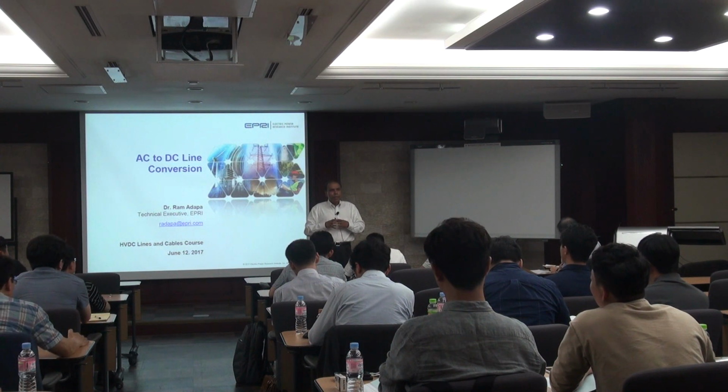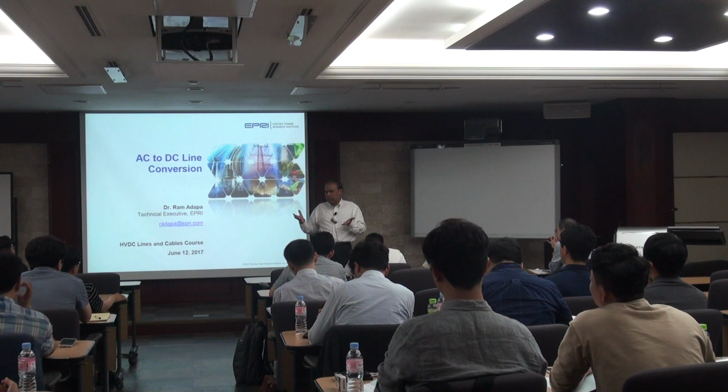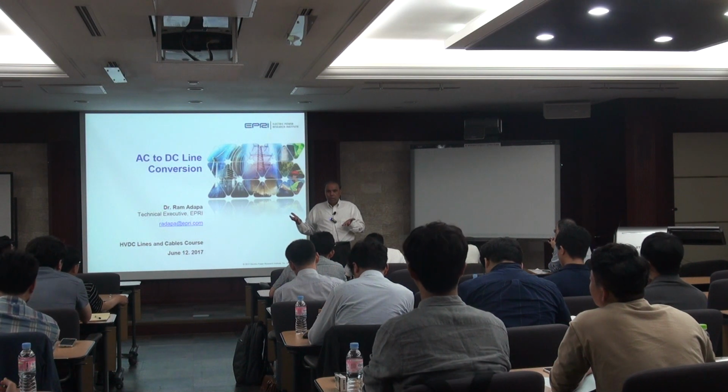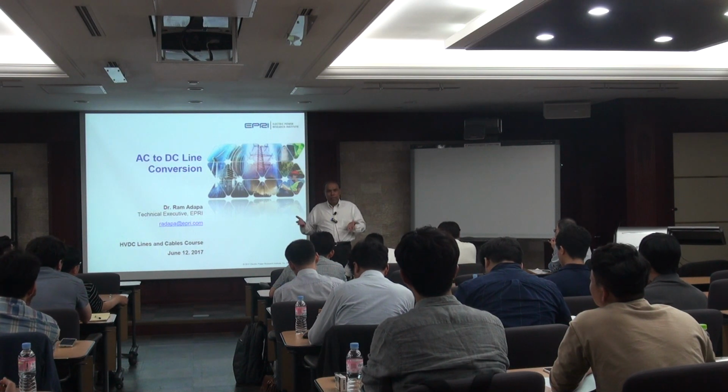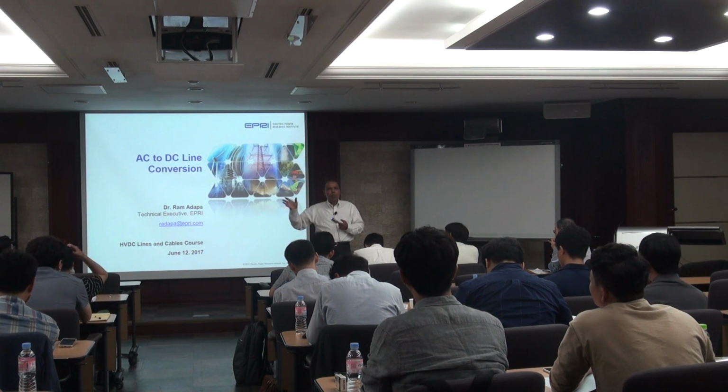What we did at EPRI is, about 6-7 years ago, we started research in this area. The reason being, a lot of US utilities and even other parts of the world are constrained in getting new rights of way to build new lines. Use the existing line and existing right of way, do some of these extra things, and push more power.